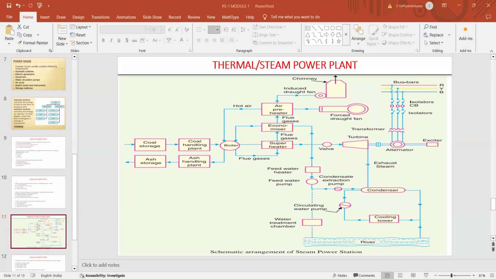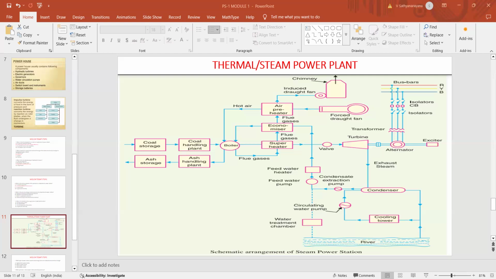Why? The circulating water always takes up the heat of the exhausted steam from the turbine, and by default itself becomes hot. So this hot water coming out of the condenser is discharged at a suitable location down the river.